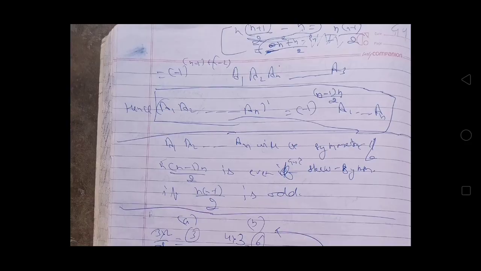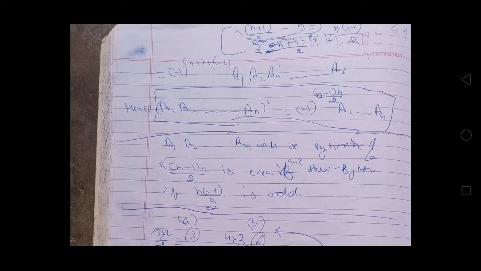Now similarly, A2 has been placed at n minus 2th position away from AN, so it will interchange n minus 2 times to come forward of AN. So it will become equal to minus 1 raised to the power n minus 1 plus n minus 2 into A1 into A2 into AN up to A3.